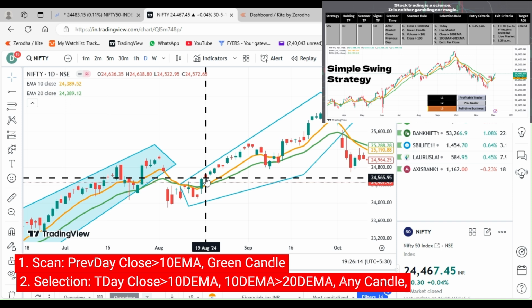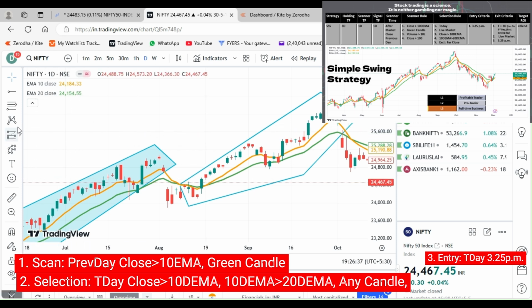That means 10 DEMA just crossed 20 DEMA. That means our selection criteria is met over here. So we will enter into this stock at 3:25 p.m. at the closer price. If I mark this in black color, at this price, I'll enter, right?